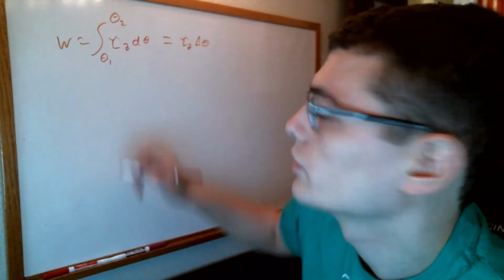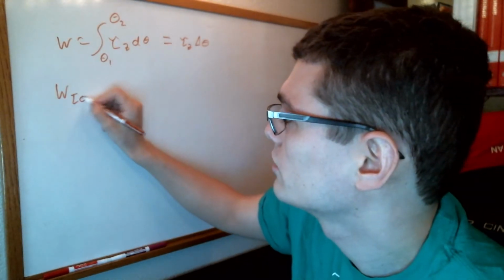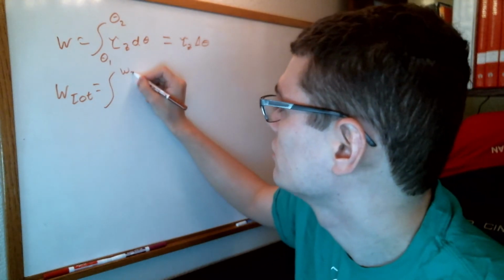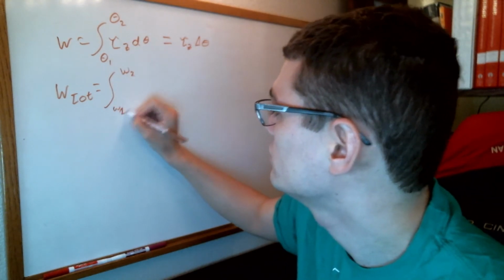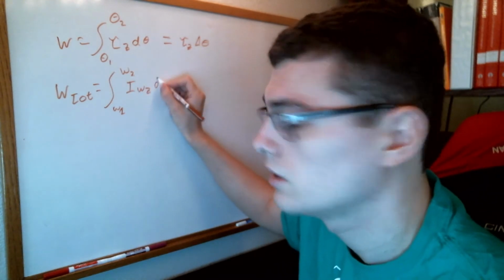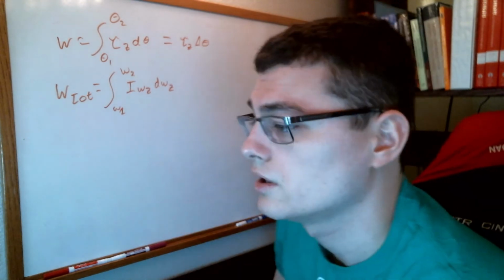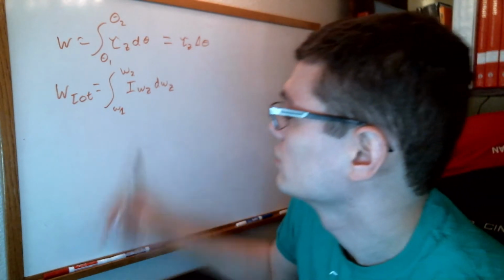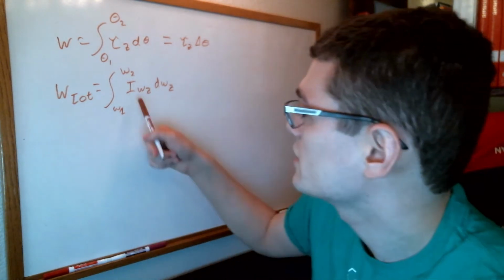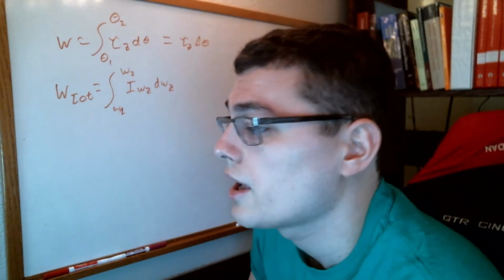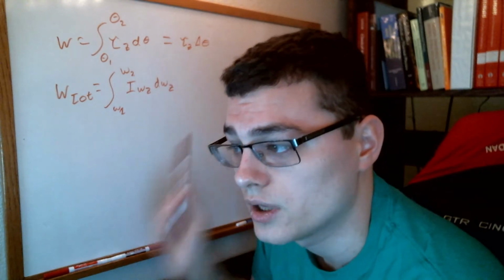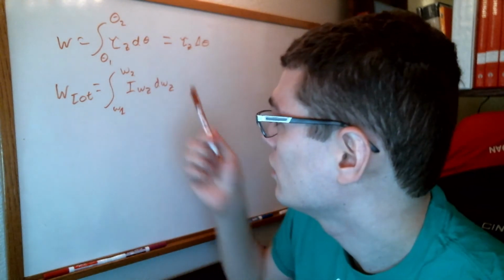So if we say that work total is going to be equal to the integral from omega 1 to omega 2 of I omega z d omega z, then this is going to yield your work energy theorem for a rotational analog, because I is not going to be dependent upon omega. And then you just integrate for omega. That's going to give you omega squared over 2. And then you just have to plug in omega 2 and omega 1.